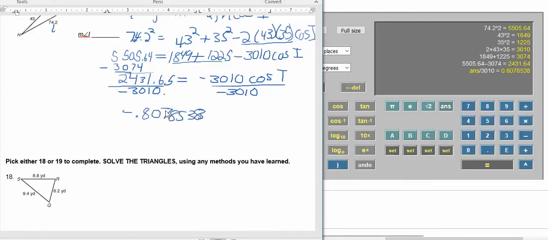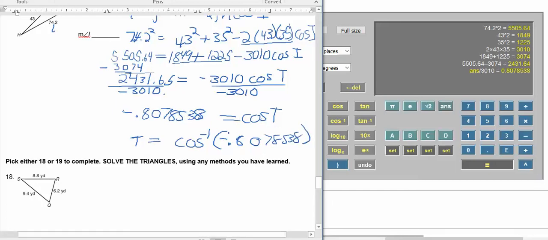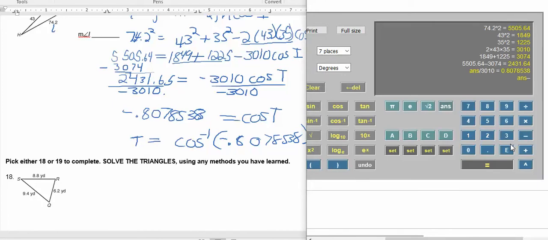Negative 0.8078538 is equal to cosine I, which means that I is equal to the inverse cosine of all of that. Now, if I would forget the negative, I'd get the wrong answer for this. Delete.